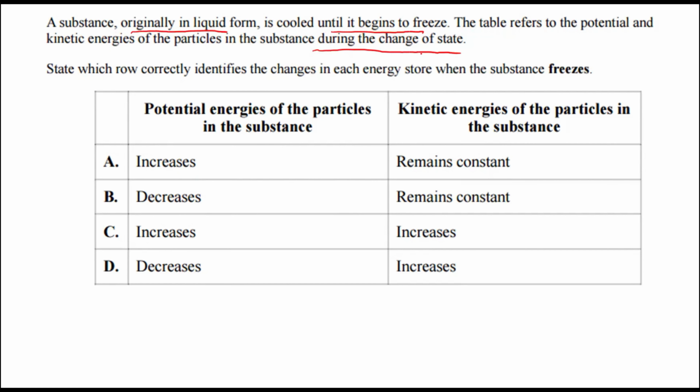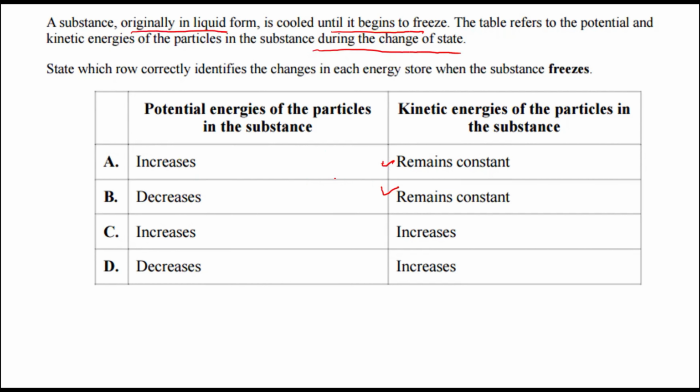So very important keywords. State how the row correctly identifies the energy stored when the substance freezes. So during the change of state, there is only making and breaking of bonds. So there is no change in temperature, that is, there is no change in kinetic energy, which gives us the option either A or B.